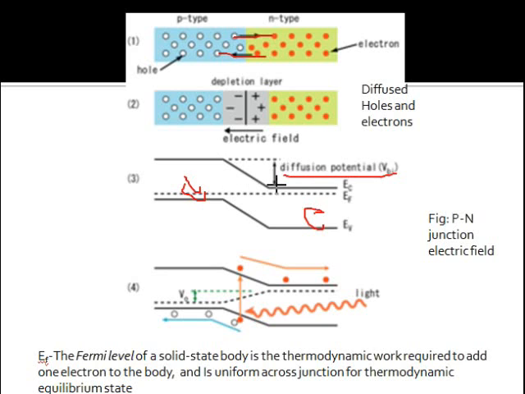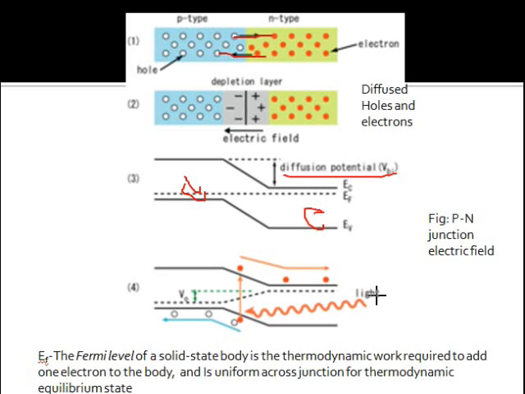This difference is formed when the material is converted into a p-n junction, thereby forming a diffusion potential. And this diffusion potential is waiting for the energy so that the electrons and holes will cross the boundary.